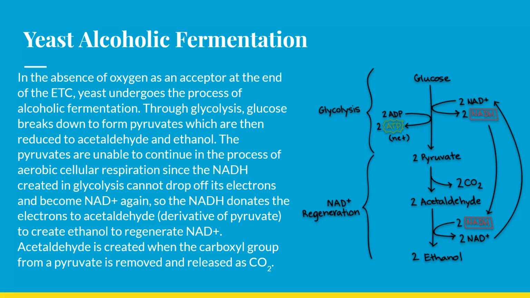The pyruvates are unable to continue the process of aerobic cellular respiration since the NADH created in glycolysis cannot drop off its electrons and become NAD+ again. So the NADH donates the electrons to the acetaldehyde to create ethanol and regenerate NAD+. Acetaldehyde is created when the carboxyl group from a pyruvate is removed and releases carbon dioxide.